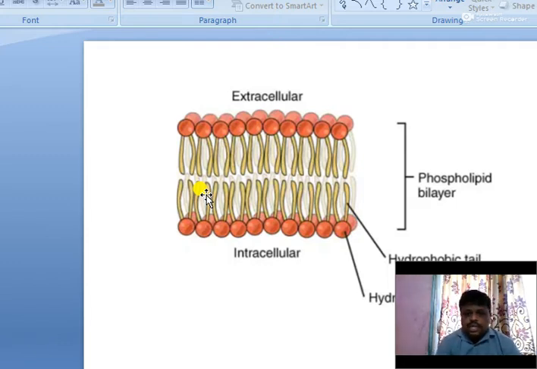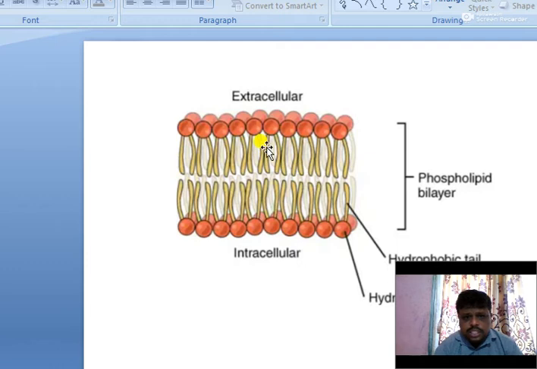Hydrophobia means the water hater, and philia means the water lover. So this is regarding the role of the head portion and the tail portion of the phospholipid bilayer structure.